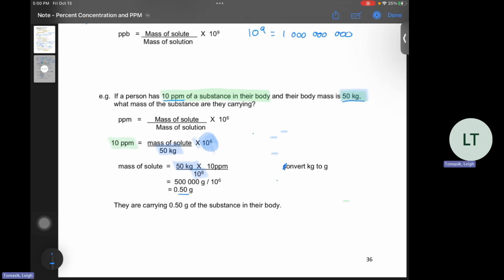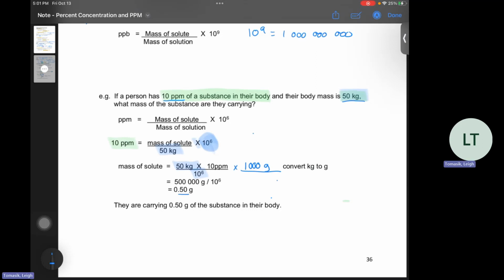And that's it. We don't need to convert kilograms to grams or anything. Oh no, did we? Yes, we did. Sorry, my apologies. In order to find this amount in grams, we need to multiply by a conversion factor.